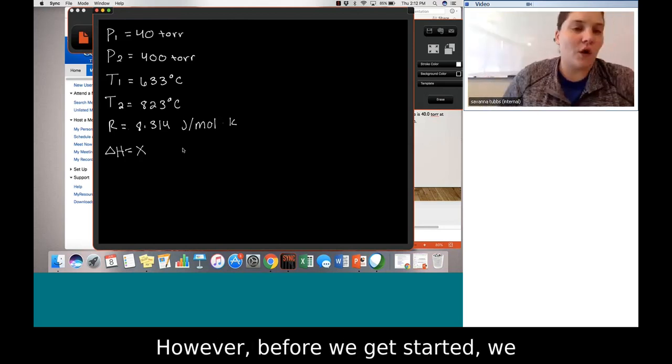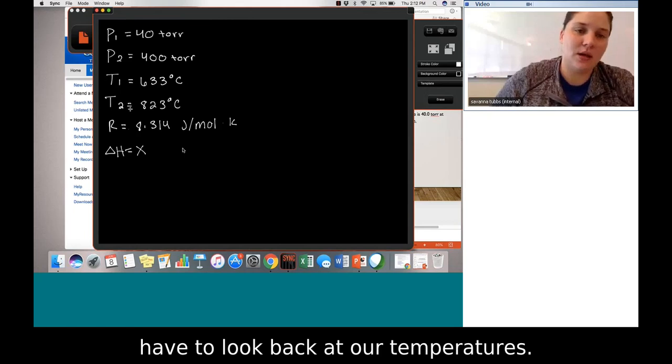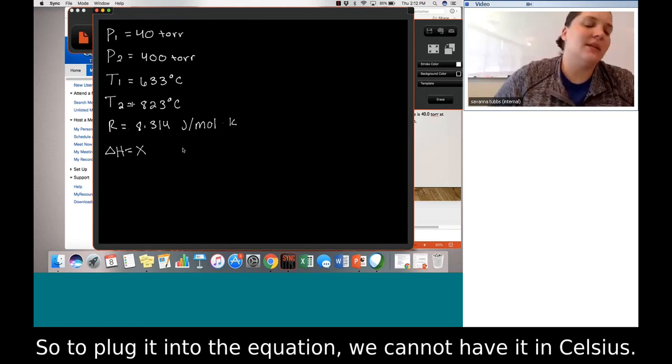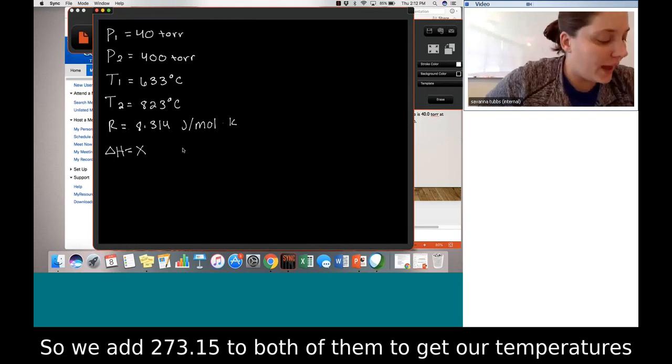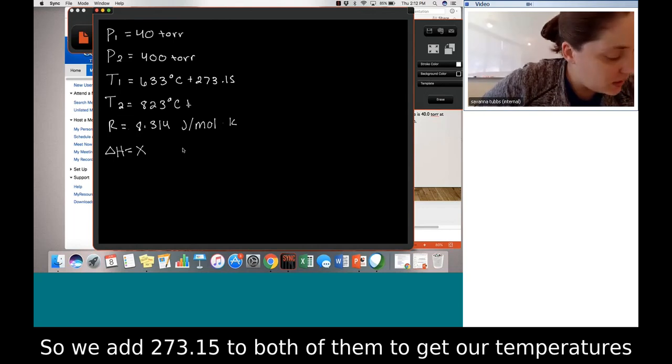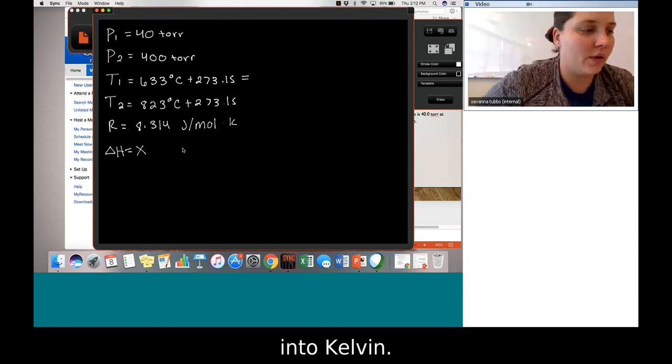However, before we get started, we have to look back at our temperatures. To plug it into the equation, we cannot have it in Celsius. We have to have it in Kelvin. So we add 273.15 to both of them to get our temperatures into Kelvin.